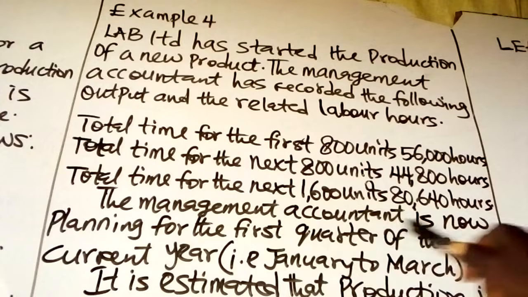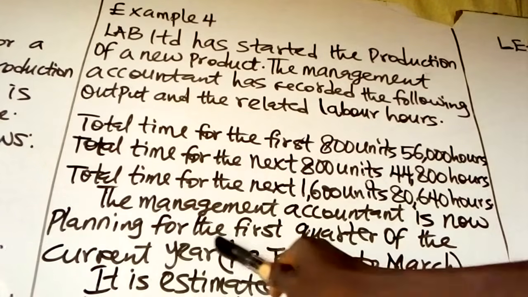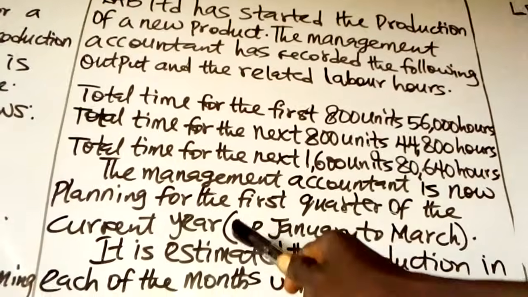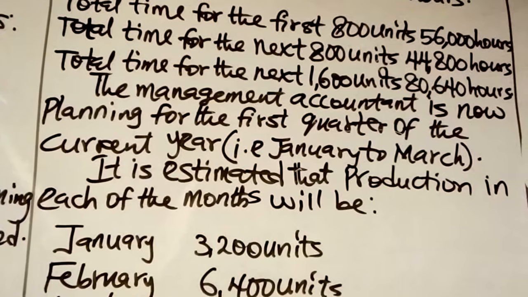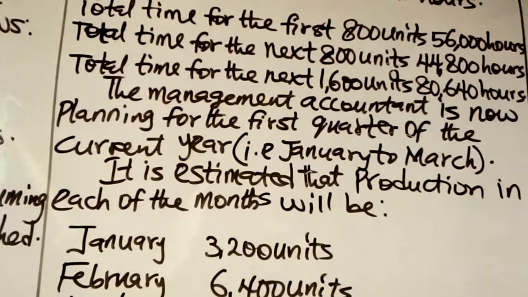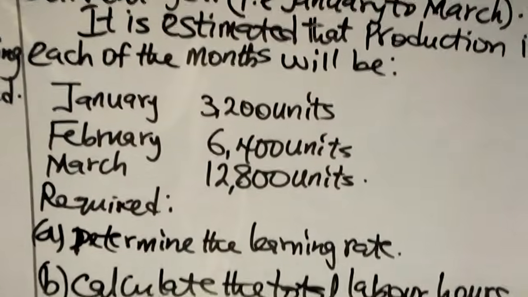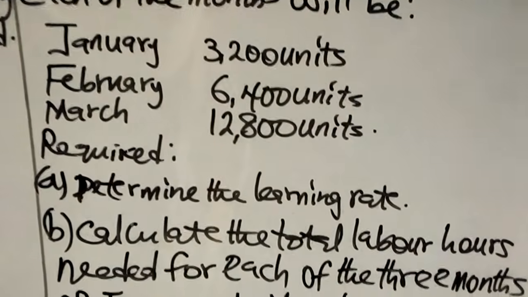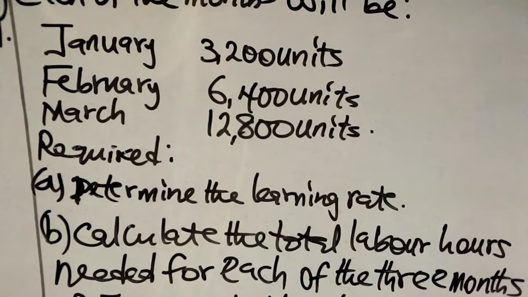Then the management accountant is now planning for the first quarter of the current year, which is January to March. It is estimated that production in each month will be: January 3,200 units, February 6,400 units, March 12,800 units.